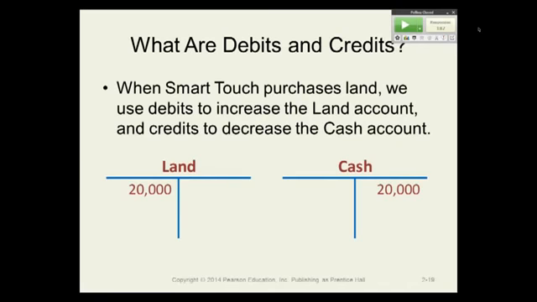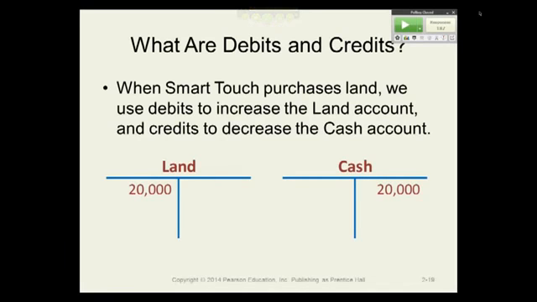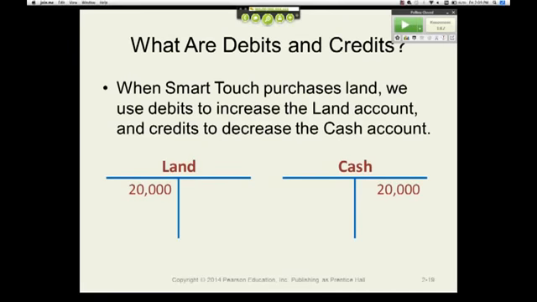So if revenues increase wealth, how should you increase revenues? By credit. If expenses reduce wealth, reduce retained earnings, reduce equity, how should you increase an expense? You do that by a debit. So you just have to make sure you understand how these accounts operate, so that when you think about the revenues, expenses, and dividends.